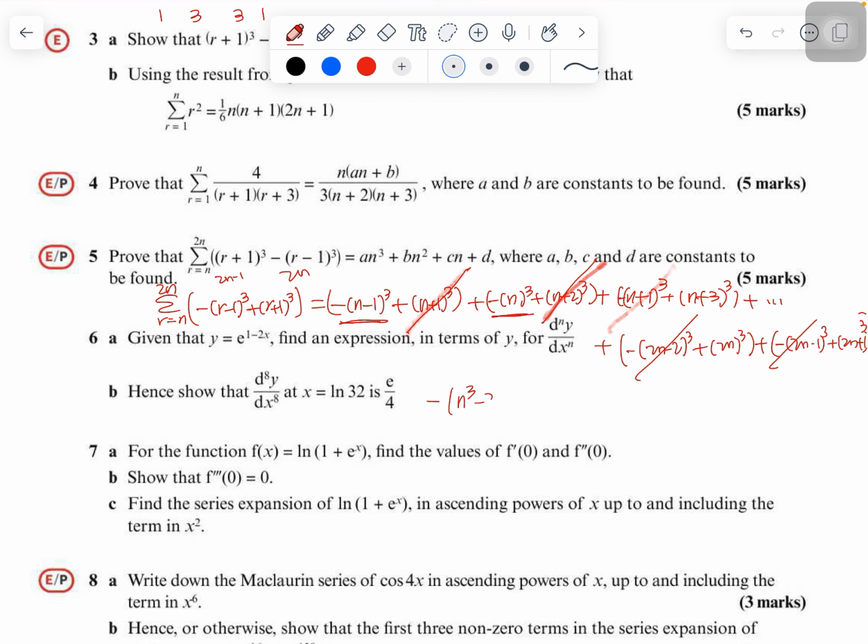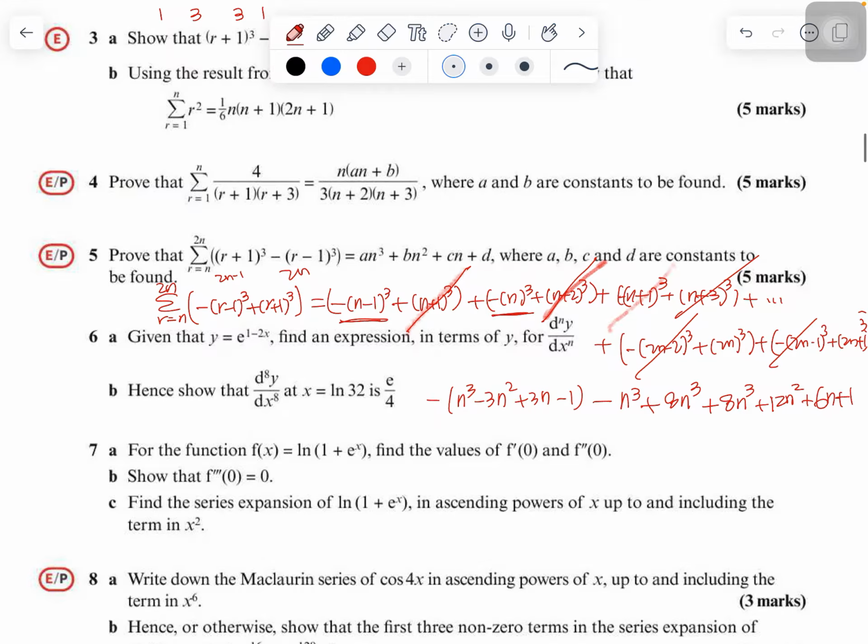So n cubed minus 3n squared plus 3n minus 1 plus minus n cubed plus 2n cubed, 8n cubed plus 8n cubed and 4 and 3, 12n squared. You can follow the binomial expansion 6n plus 1.